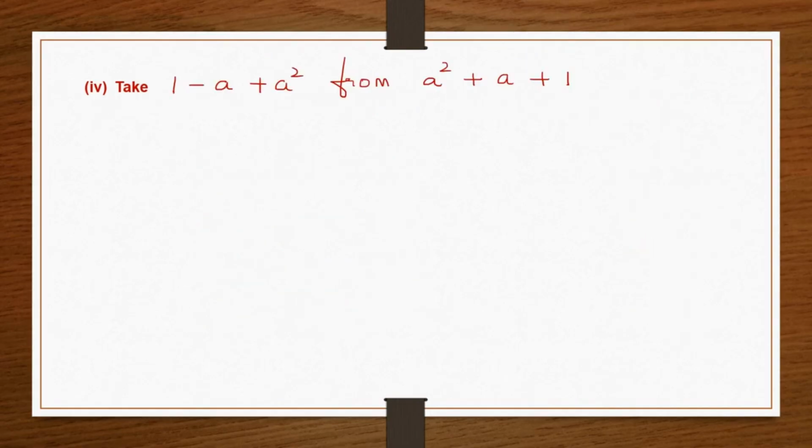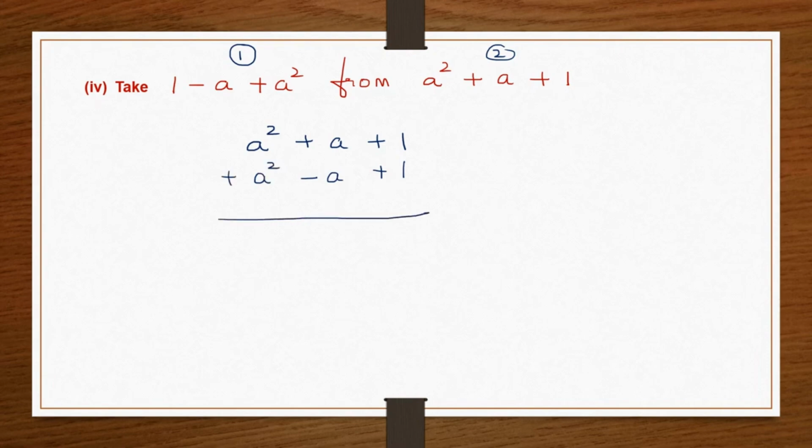Question 4. Take away the first term from the second term. So let's write down the second term first: a square plus a plus 1. And below this, let's write the first expression, put it under the right column: plus 1 minus a plus a square.